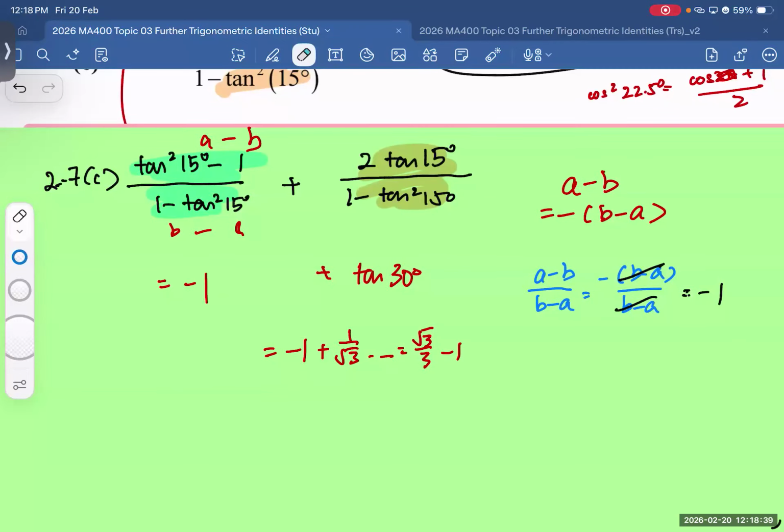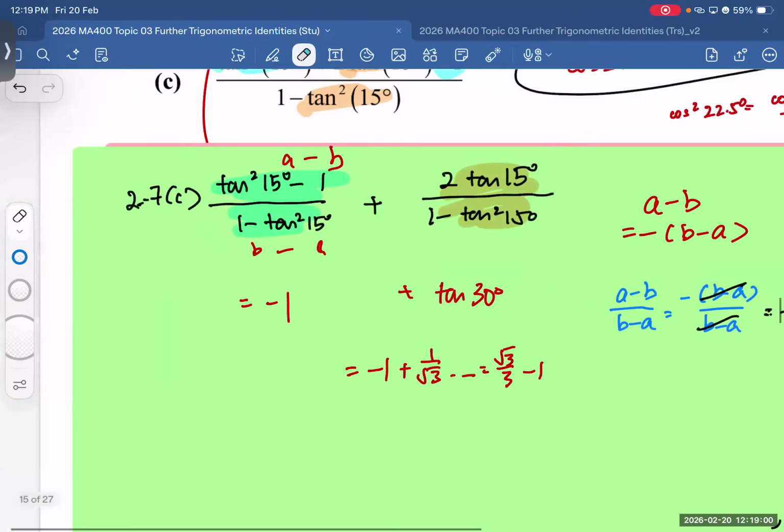Left, square root 3 over 2. Square root 3 over 2. Cosine 30. Cosine is number of fingers on the left divided by 2. Sine, number of fingers on the right divided by 2. Okay. All good with question 2.7.